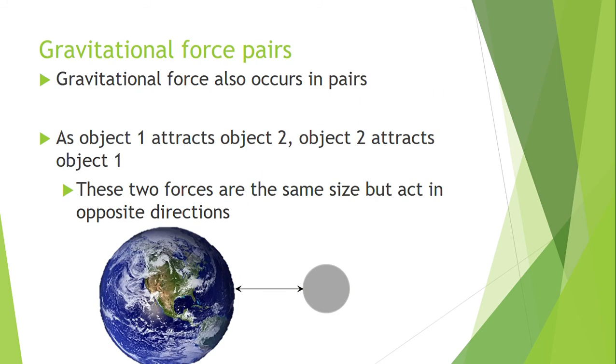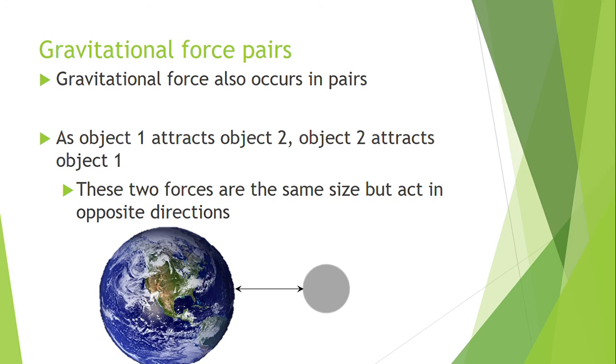Okay. Like all forces, gravitational force occurs in pairs. So if object 1 attracts object 2, then object 2 attracts object 1. The picture that I put there is just the Earth and the Moon. So the Earth attracts the Moon with a certain force, as we are looking at it, to the left.